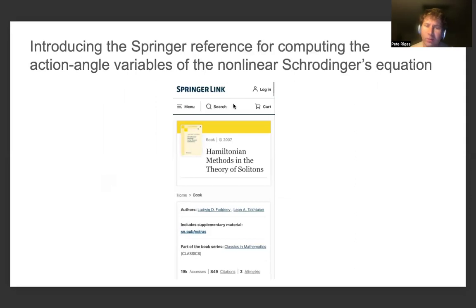And so from the Springer reference, we were making use of the seminal work due to Fajib and Tashatan, in which they demonstrated to us that for the nonlinear Schrodinger's equation, we can apply some Hamiltonian type of method, in which, like for the Kamasa-Home PDE, you can look for different ways to define a Hamiltonian or a system of Hamiltonians from the statement of a PDE.